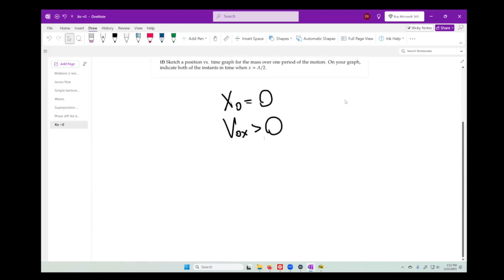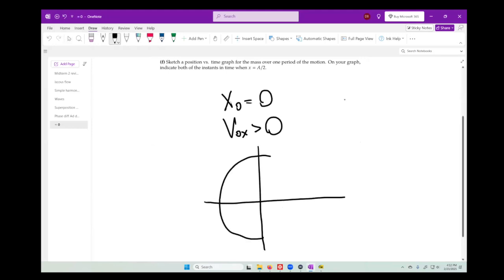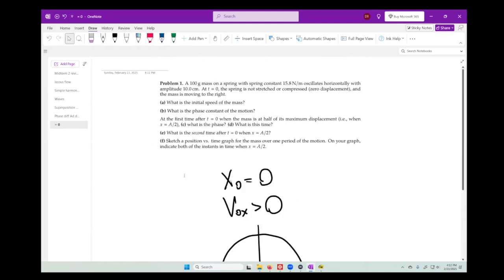In this case, it's relatively easy because we know x naught is 0. But maybe you're given x naught, and from x naught you want to determine the phase constant.